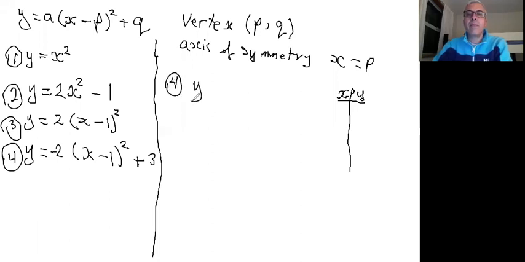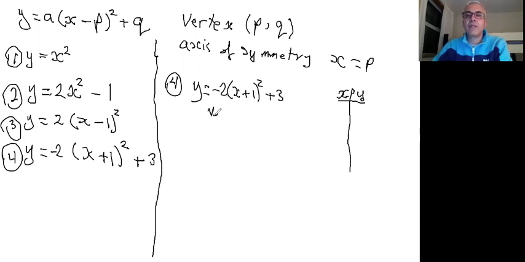It's y. And you know what? I'm just gonna make it plus here, just to change a little bit there. y equals -2 (x plus 1) squared plus 3.